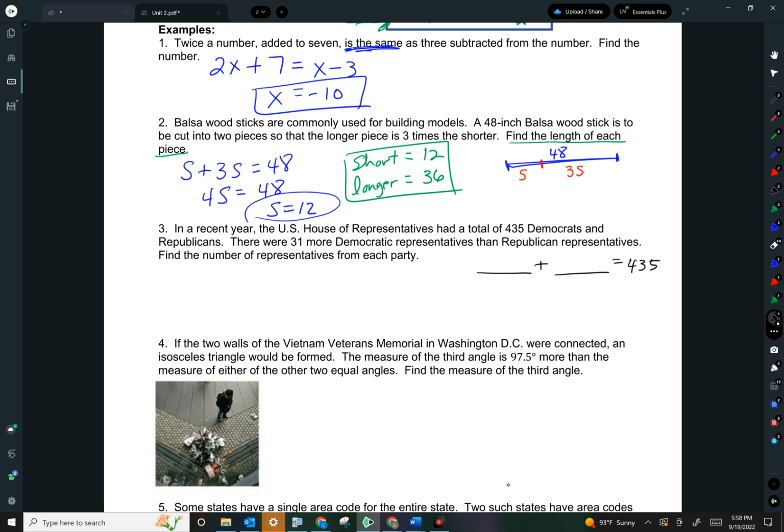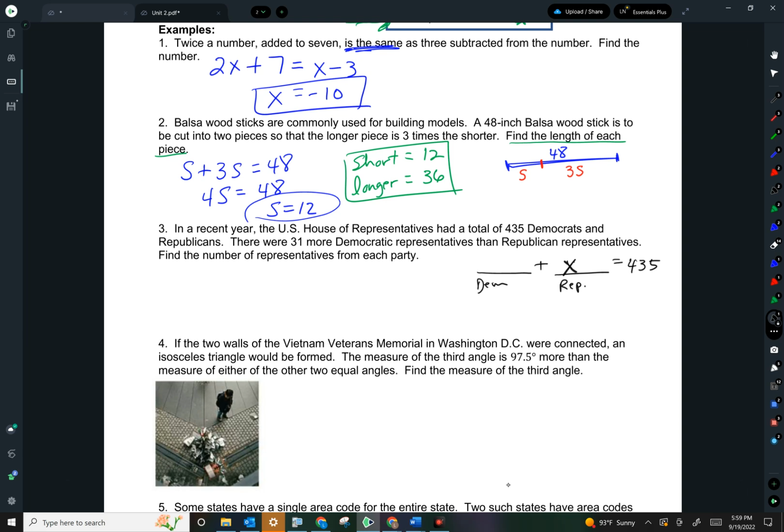So I need to make one of these be my variable. It doesn't really matter. I'm going to call this my Democrats and this my Republicans. This is just for us to think about. So one of those is an X. There were 31 more Democratic representatives than Republicans. So if I say that my Republicans is X, then what would the Democrats be?